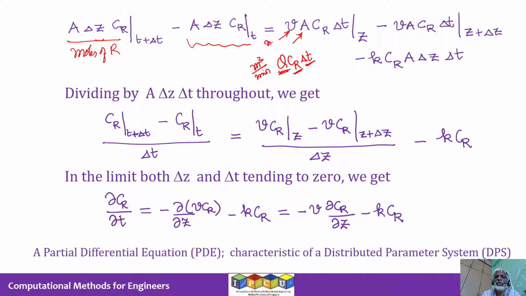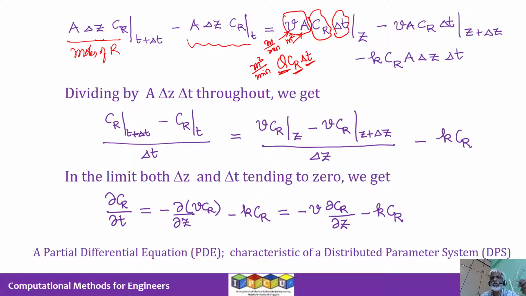Velocity is in meters per minute. Cross-sectional area is in meters squared. So if you multiply v and A, we get the volumetric flow rate Q. So instead of Q, which we wrote for CSTR, we are just going to write it here as v times A times CR times delta t, exactly like what we wrote before, except for two improvisations.